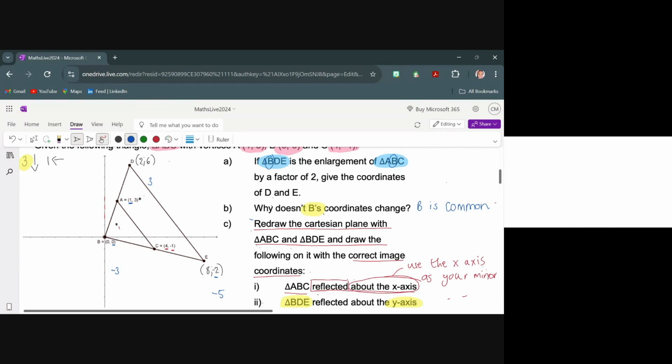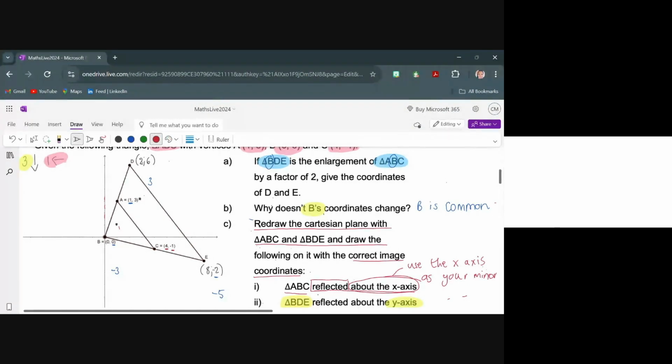Because now we still need to move 1 unit to the left. And that's not going to affect my y values. Left and right is going to affect my x values. Are we in agreement? So let's go ahead and move our x values 1 unit to the left. Over here, I have 2.